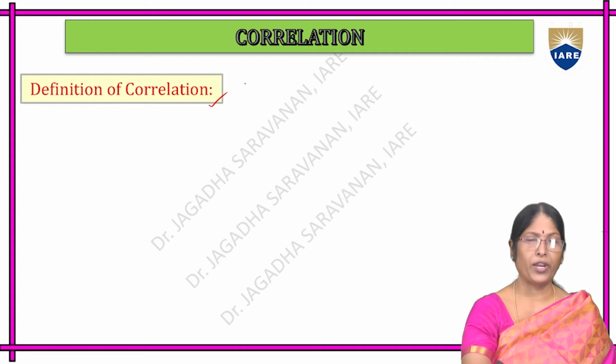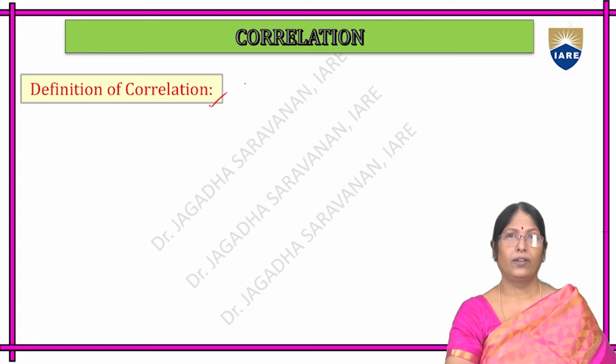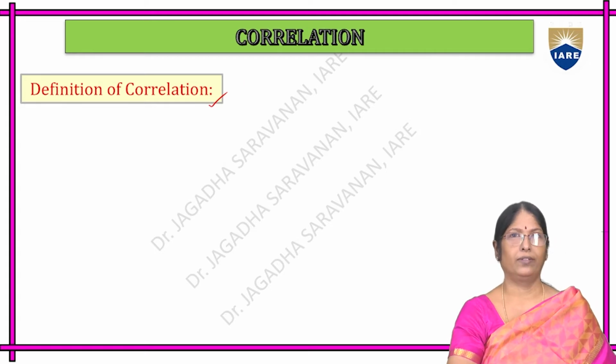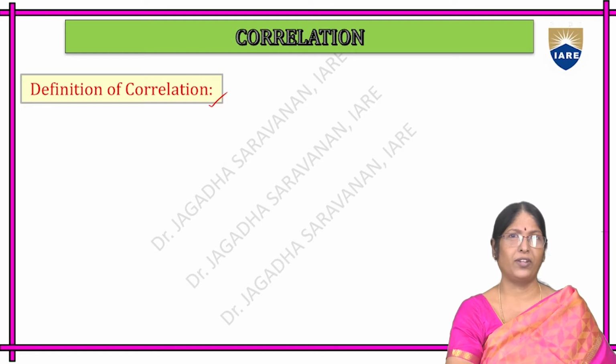The definition of correlation. Correlation, the name itself, means there is a relation between two variables. Generally, the relationships we know are father and son, mother and daughter, or mother and son, teacher and student. They are related.